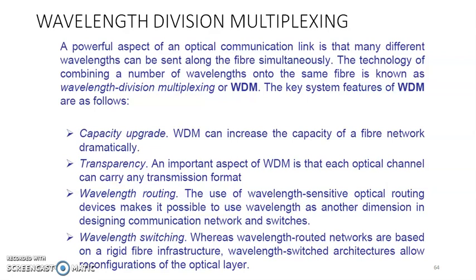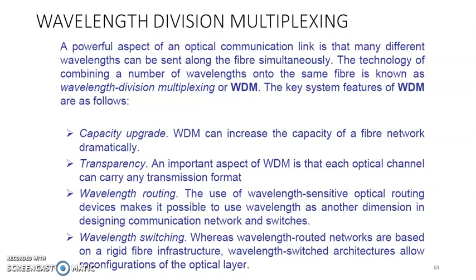Then transparency: in WDM, each optical channel can carry any transmission format. Wavelength routing: the use of wavelength-sensitive optical routing devices makes it possible to use wavelength as another dimension in designing the communication network and switches.